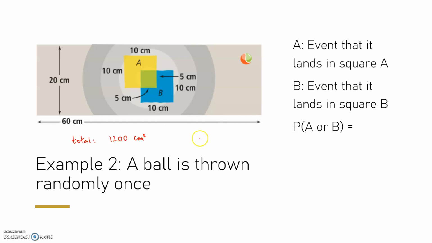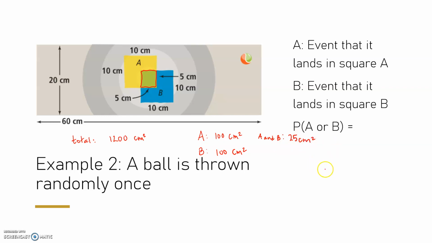The area of A is going to be 100 square centimeters because it's 10 by 10. And the area of B is also going to be 100 square centimeters. And then the area of the overlap, it's a 5 by 5 square, so that's going to be 25 square centimeters.